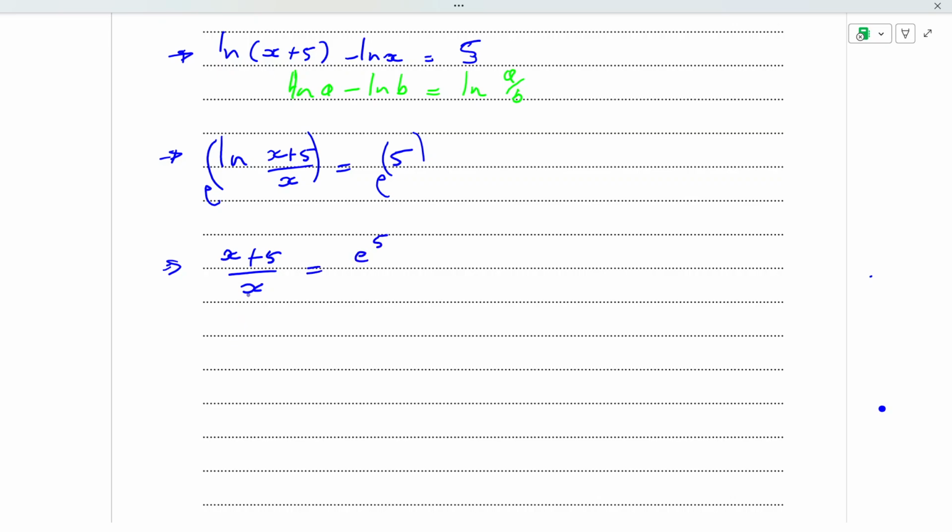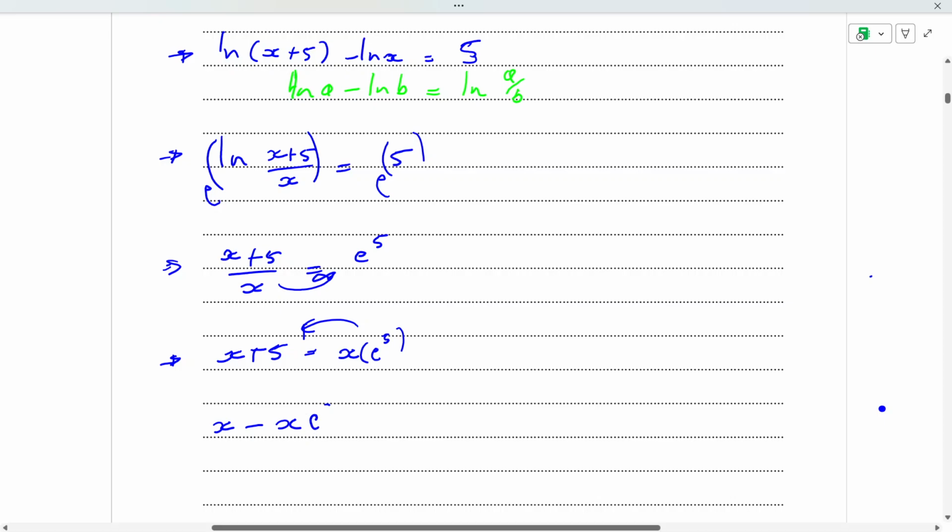Now you want to make x the subject, so multiply both sides by x, and then we have x + 5 is equal to x multiplied by e to the 5. Take that x to the side, then we have x minus x e to the 5 is equal to negative 5.